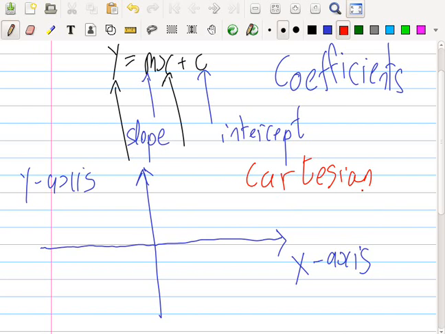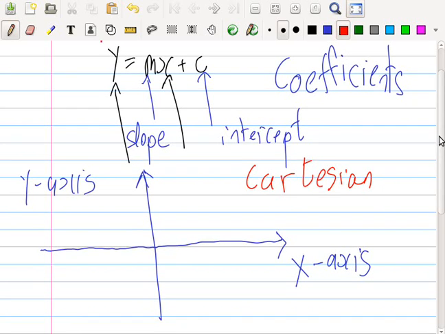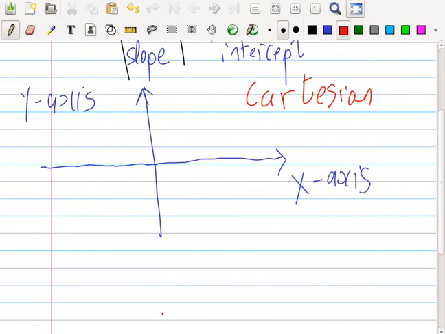Now, I'm sure you remember this, but just as a little bit of a revision, you can put points on these graphs, points that look like this, x, y. For example, 2, 6. So what that just means is you go out 2 on the x-axis, and then you go up 6. 1, 2, 3, 4, 5, 6.